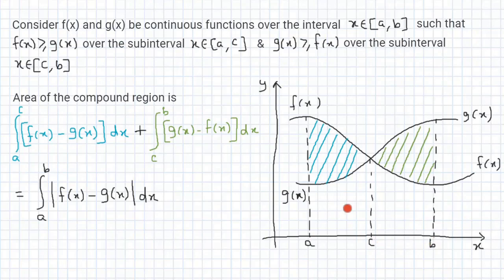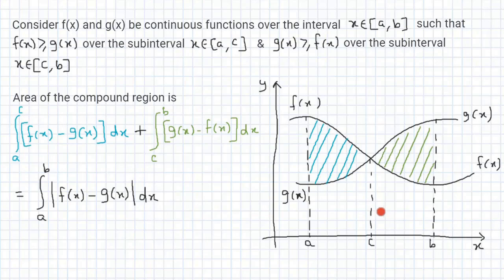Now let's first talk about the first subinterval, that is a to c. Over this first subinterval, the function f(x) is greater than or equal to g(x), so the area of this region is given by the integral over a to c of f(x) minus g(x).